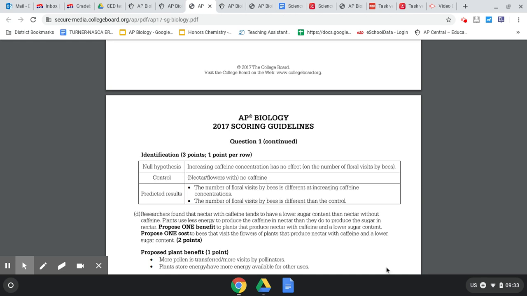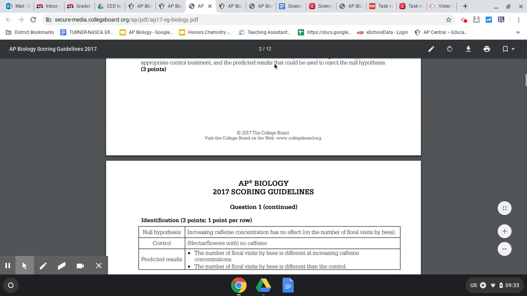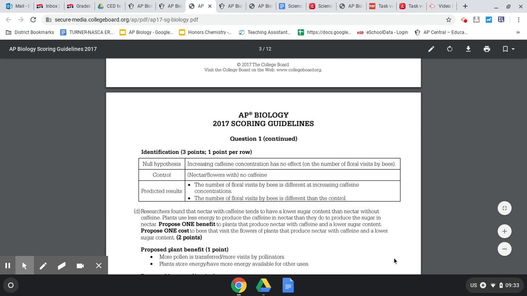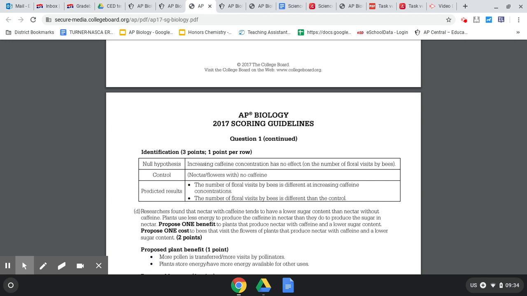Okay, and then it says a predicted result that could be used to reject the null hypothesis. If our null hypothesis is that caffeine has no effect, then our predicted result to reject that would be, well, the bees definitely go to the flowers with more caffeine more often, or the bees go to the flowers with no caffeine more often.